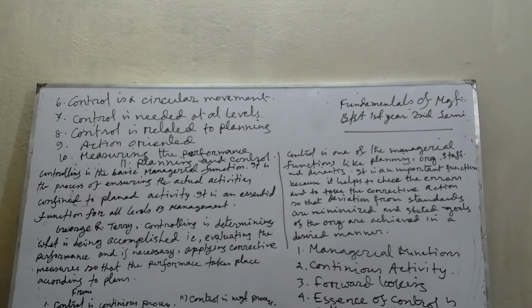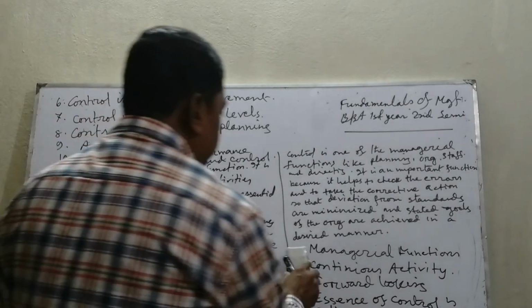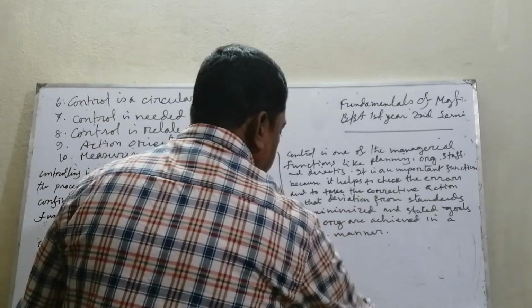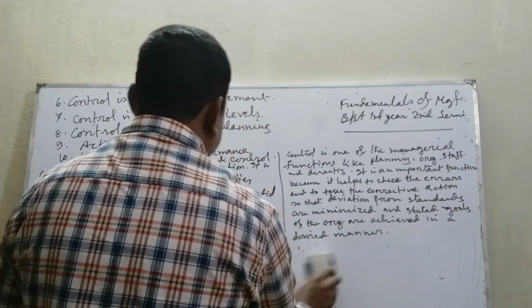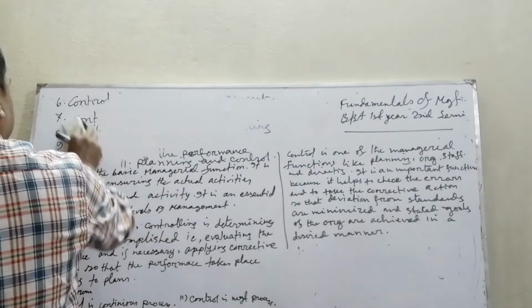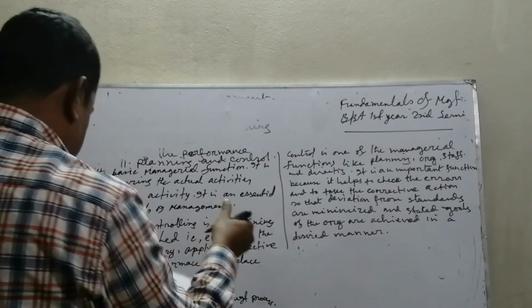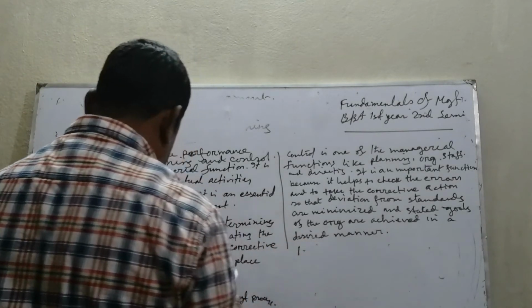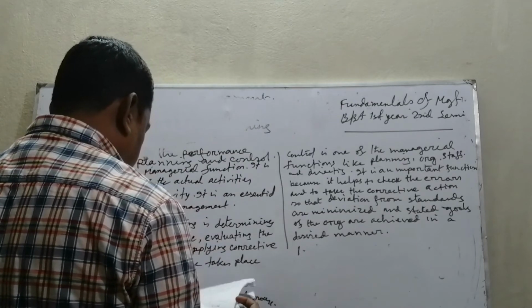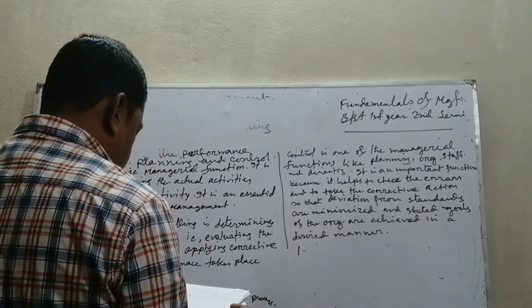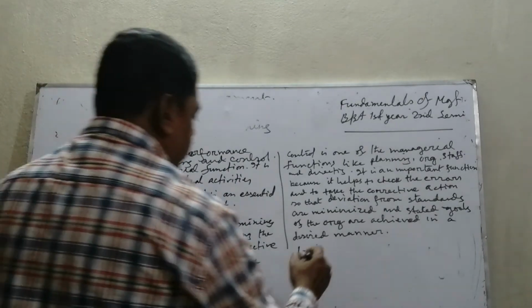And the next question, limitation of controlling. Limitation and disadvantage of controlling. The first point, control over internal factors.